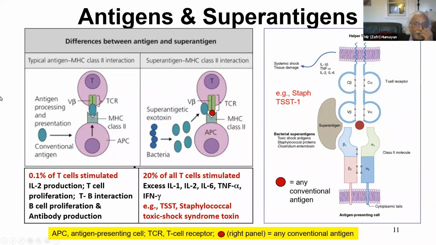So to understand a superantigen, we have to first look at what a normal antigen is and how a normal antigen provokes and modulates the immune system. The normal situation is shown on the left-hand panel.